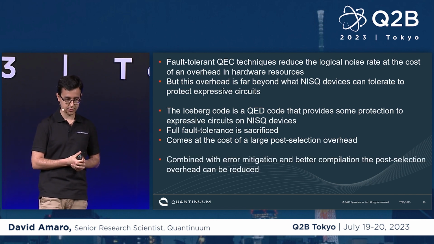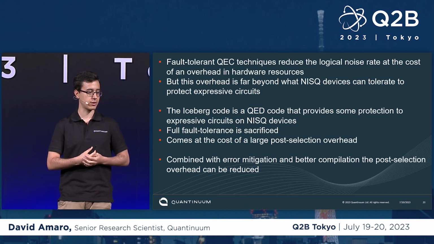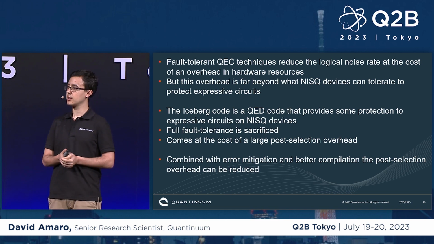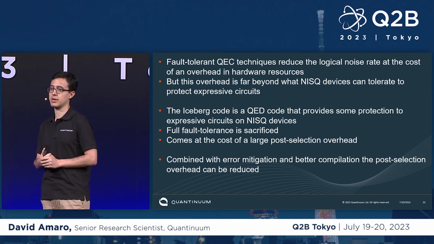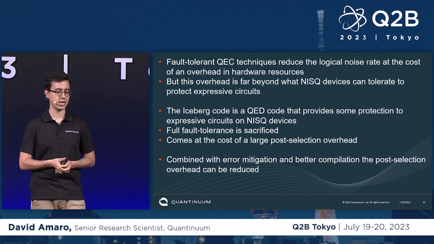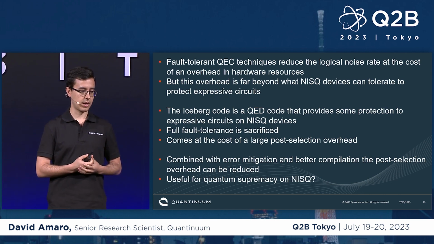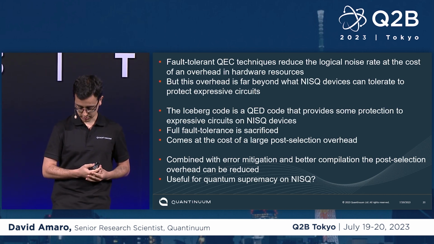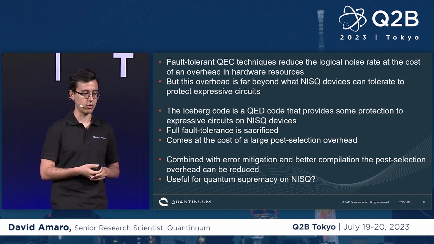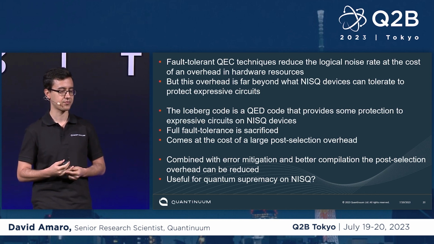So for the next steps, what we want to do is to combine the iceberg code with error mitigation, with a better compilation, or even with some hardware improvements. And the goal will be to reduce the post-selection overhead. And I think it can be potentially useful for quantum supremacy experiments on these devices.